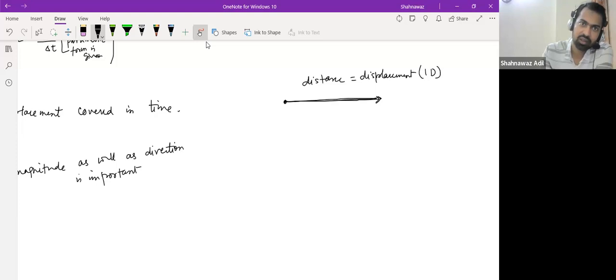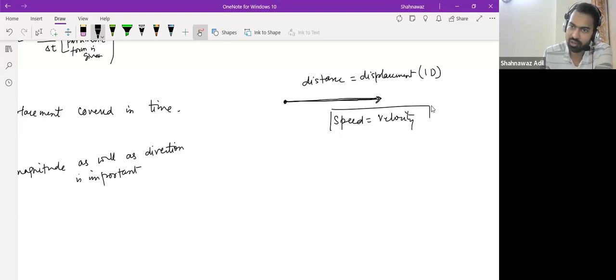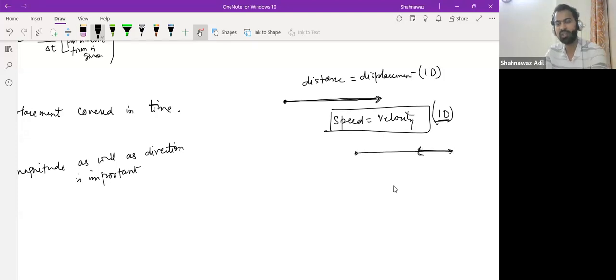So speed and velocity are equal in one dimension, whenever we are not changing the direction. If we are going in the same direction, we are not returning back. If we return, then velocity and speed will change. Speed would be different and velocity would be different, right? But whenever we are moving in the same direction, then magnitude of speed and velocity would be equal. Is that clear?